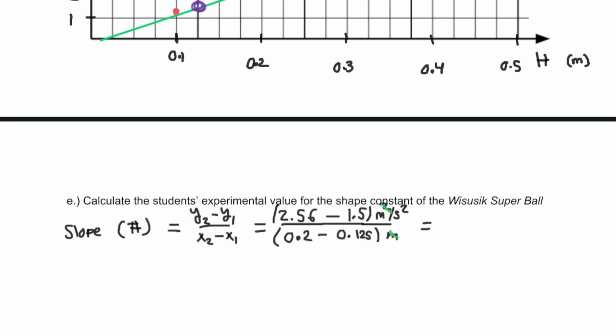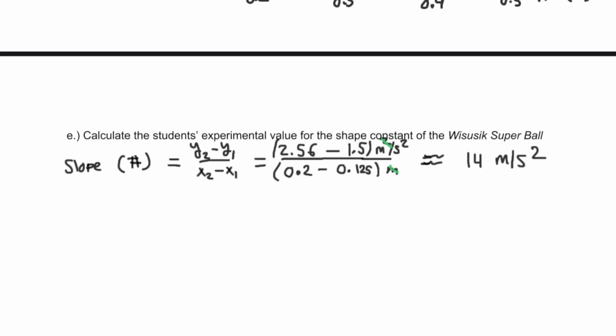We get about roughly 14. And the units are meters per second squared. That's just how they work out.